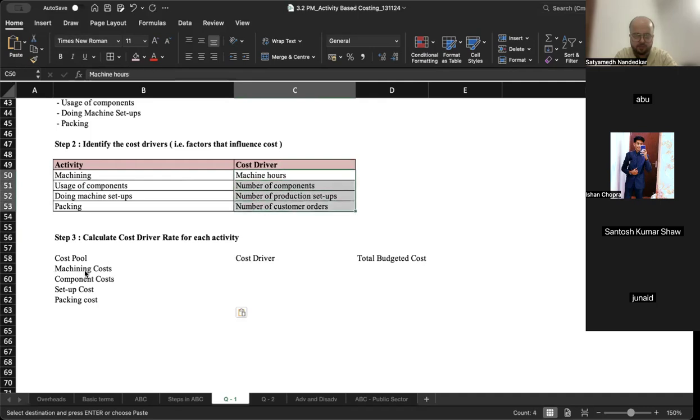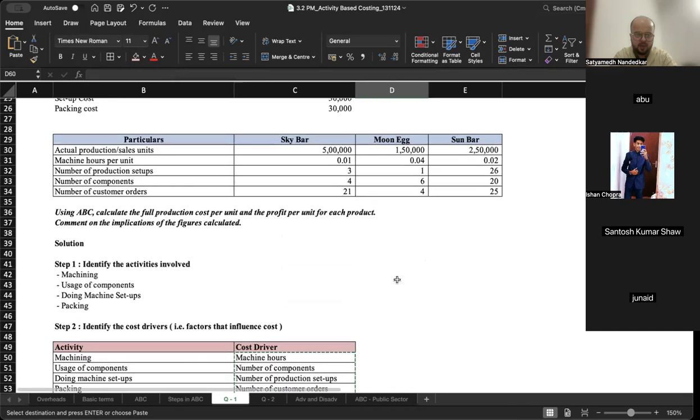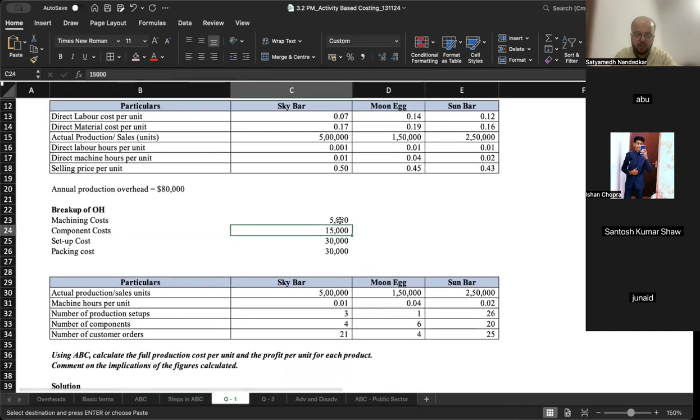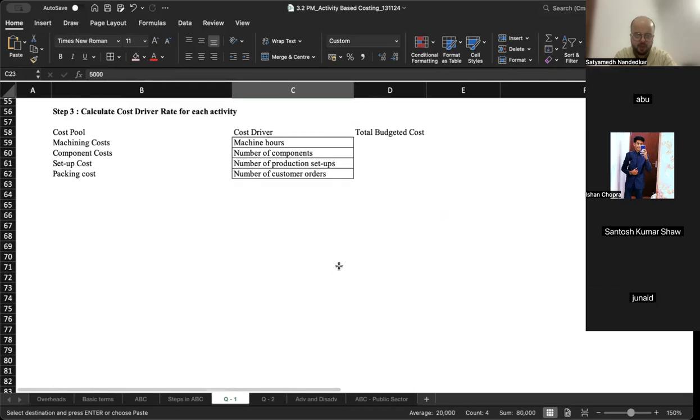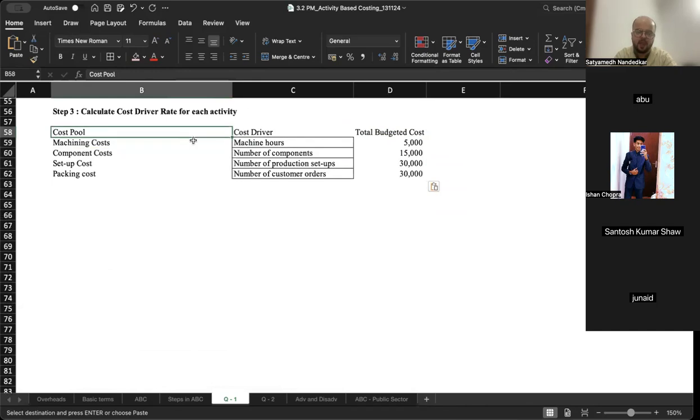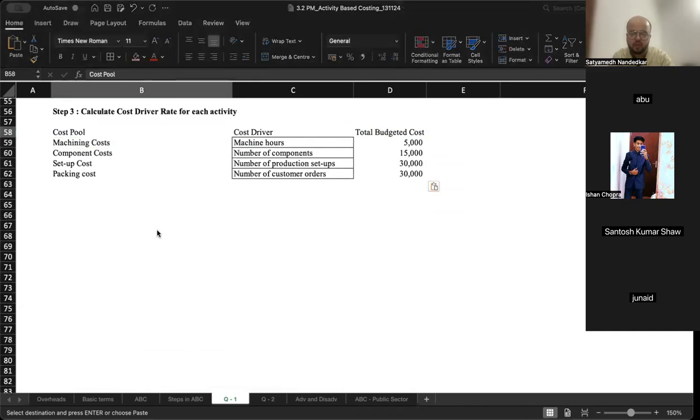Cost driver, these four. Now just write down the total budgeted cost. The total budgeted cost will come here. And after that, we'll now understand how to use the cost drivers. Just give me a moment.